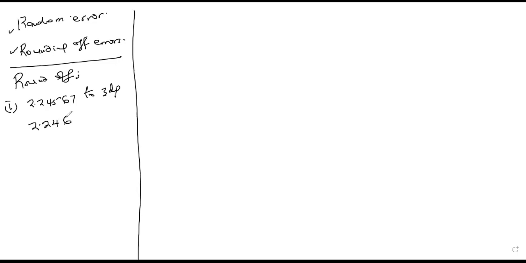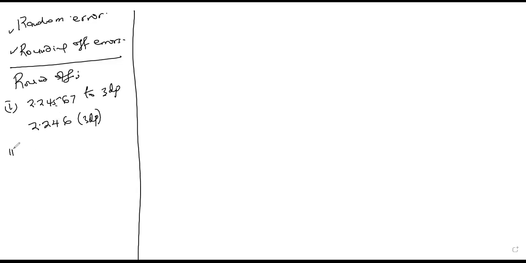When we are rounding off, the third decimal place is affected by the preceding value. So if this is 6, then it will affect this. So this is the 3 decimal places we are talking about.